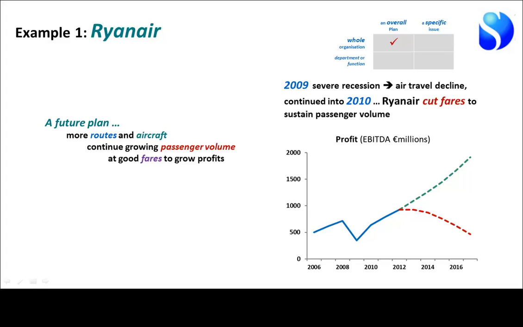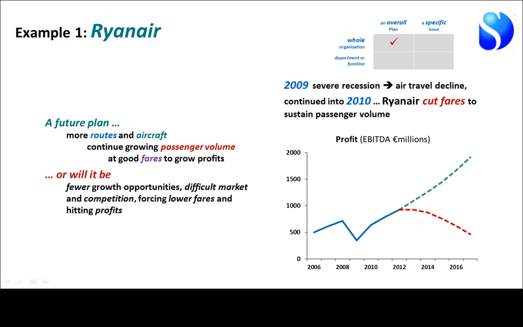It would like a future plan that will allow it to expand its route networks, get more aircraft, continue growing passenger volumes at good fares and growing profits, and it would rather avoid a future in which growth opportunities dry up, that there are difficult competitive or market conditions, and it has to cut fares and lose profits. So as I explained on Monday, those are the two alternative futures for this business.